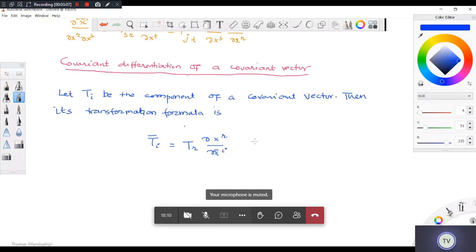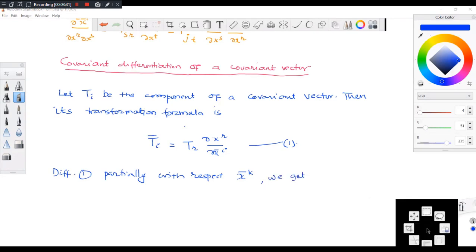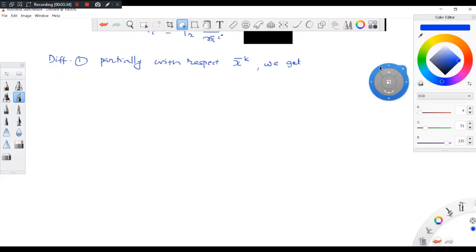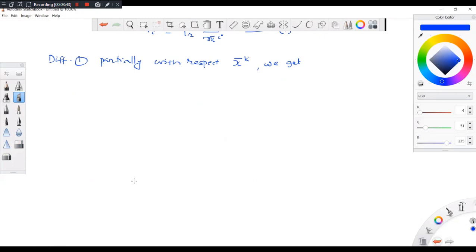Now what you are doing is differentiating it partially with respect to x bar k, in the x bar system. So we get del T bar i by del x bar k.